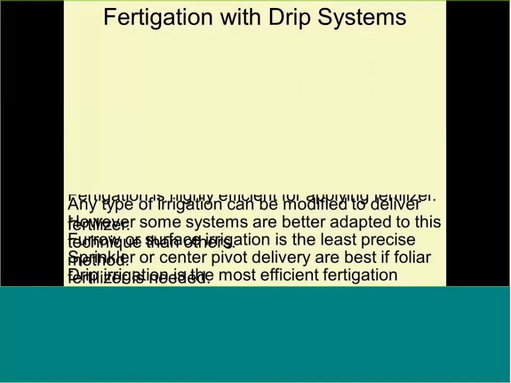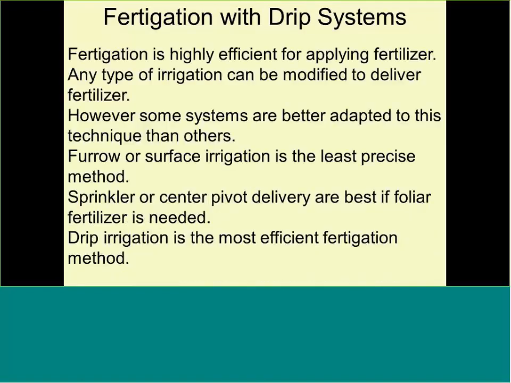You may want to fertilize using drip irrigation on a larger scale, or if you're like me, you travel a lot, maybe this is a good way because I have a timer to start watering at this time and shut off water at that time, and I have an injector and I put them all together, and I'm not worried that the plants are not getting water and they're not getting fertilizer.